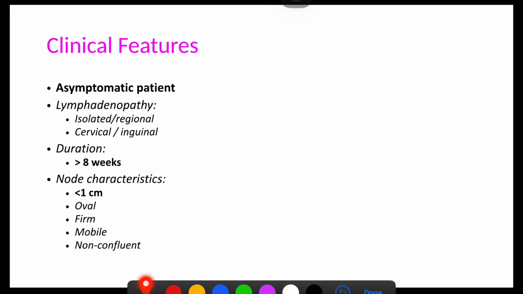Clinically, the patient is asymptomatic, with isolated or regional lymphadenopathy, generally lasting more than 8 weeks. The lymph node is less than 1 centimeter, oval, mobile and non-confluent.